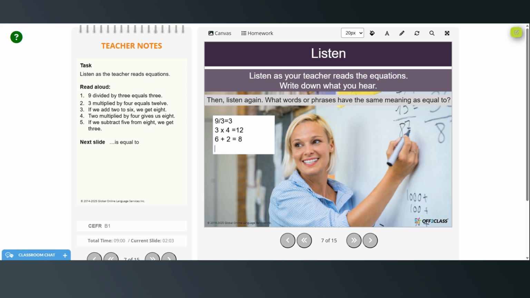Number 4, 2 multiplied by 4 gives us 8, so that's 2 times 4 equals 8. And if we subtract 5 from 8, we get 3, so that would be 8 minus 5 equals 3.